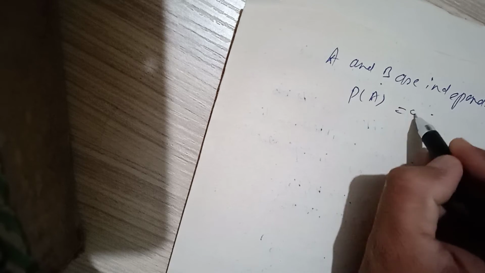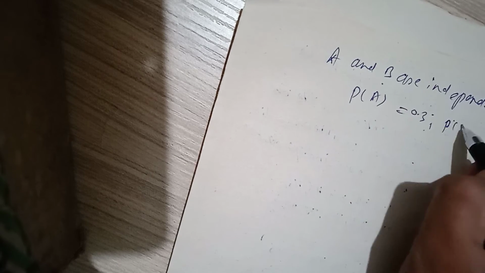Say for example, A and B are independent events such that P of A is 0.3 and P of B is 0.4.